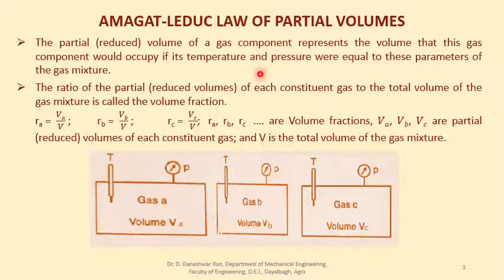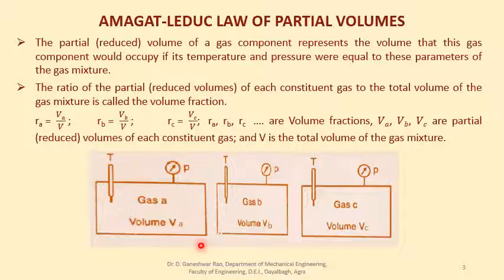If we keep the temperature and pressure same as that of the gas mixture, then naturally the volume will reduce. That is, each component will occupy less volume than the volume occupied by the total gas mixture.